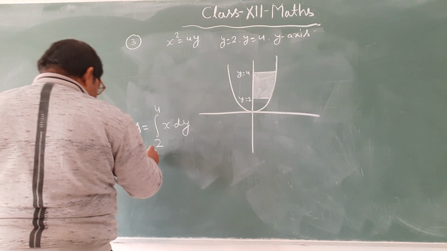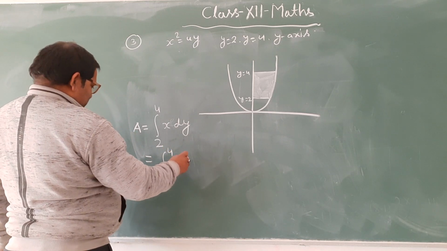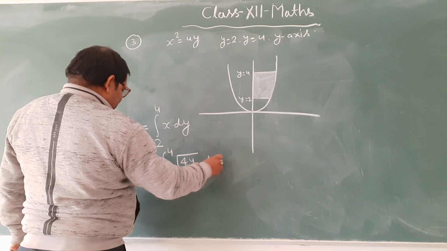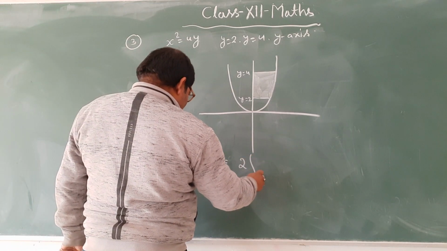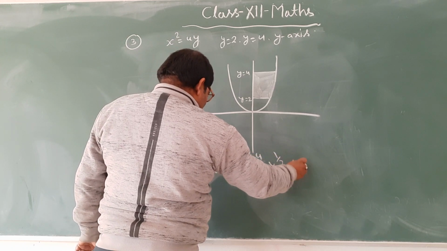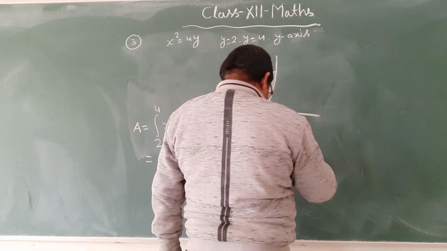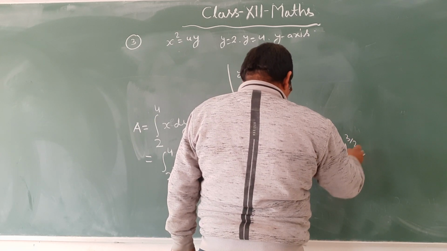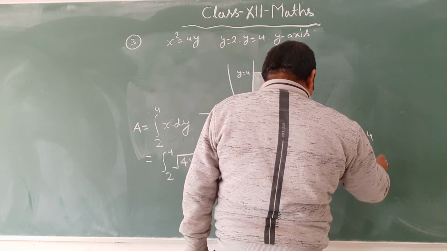Therefore integral 2 to 4 under root 4y is the function. So 2 times integral 2 to 4 y power 1 by 2 dy, and equal to 2 y power 3 by 2 upon 3 by 2, from 2 to 4.